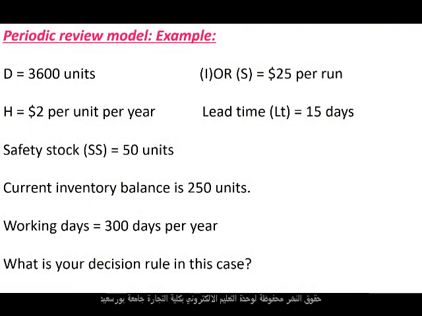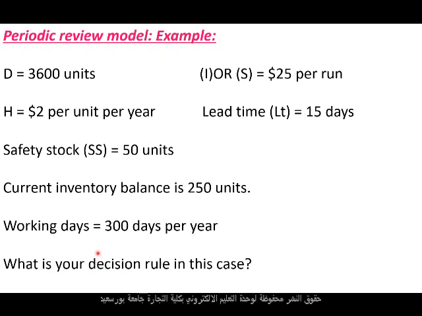See the following exercise. D is 3,600 units, I or S is 25 per run, H is $2 per unit per year, lead time is 15 days, safety stock is 50 units, current inventory balance is 250 units, and working days are 300 days per year.